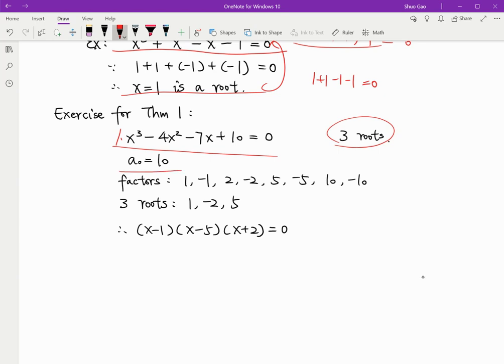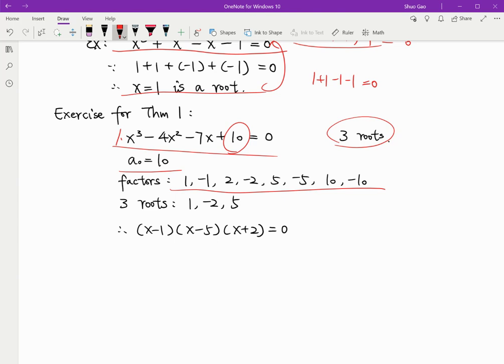So A0 is 10, and we know that if there's an integer root, then all the roots have to be a divisor of the constant term, A0. So first we need to find all the divisors of 10. We have 8 of them, including the positive and negative ones.